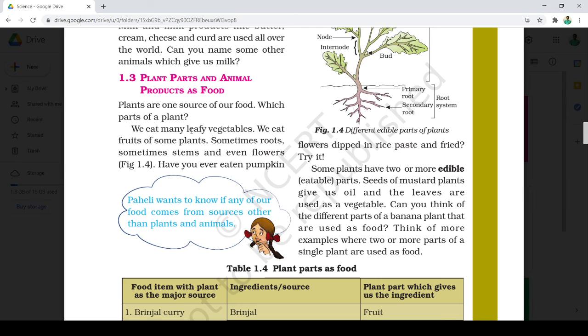Those who have said all the parts of the banana plant are right. We have the whole plant. It comes under food. We make the stem curry of banana plant. We eat the fruit of banana, which is banana, and then we eat the flower of banana plant.